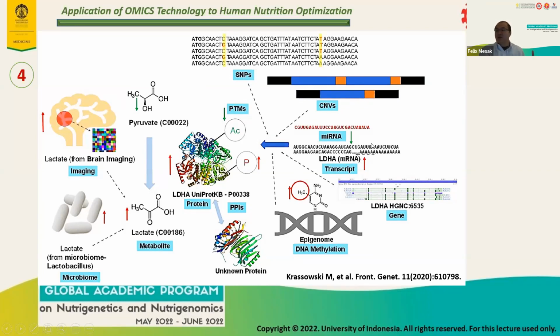Transcriptomic or post-transcriptomic, such as microRNA, or epigenetic, such as DNA methylation, here. Changes on the LDH gene here. So though this is one of the well-studied sets of multi-omics interaction, one can expect more complex and unknown interactions while integrating multi-omics data sets.